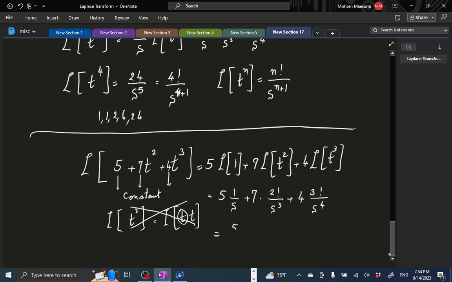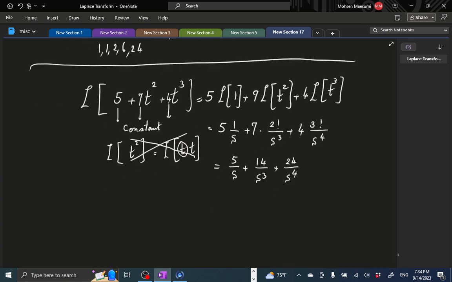At best you can do 7 times 2, 14 over s cubed, and then 4 times 6, 24 over s to the power of 4. Let's notice what happens if you actually go ahead and take a common denominator. So it becomes 5s cubed plus 14s plus 24.